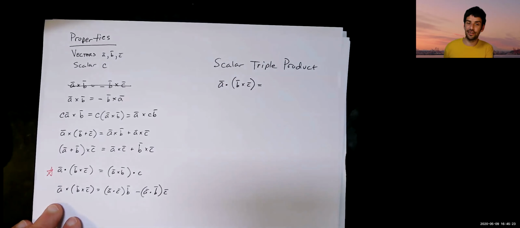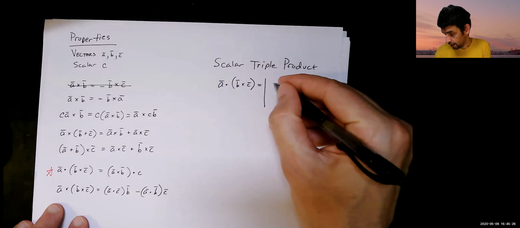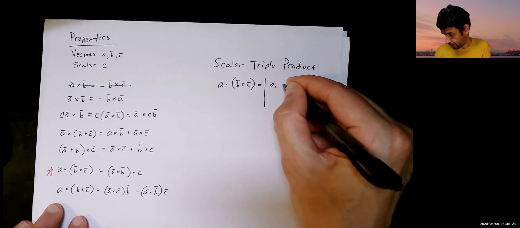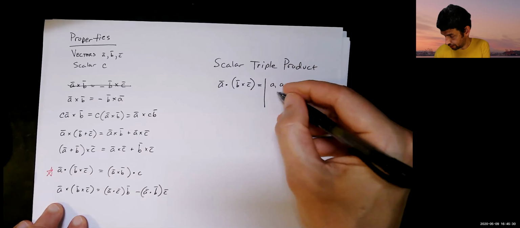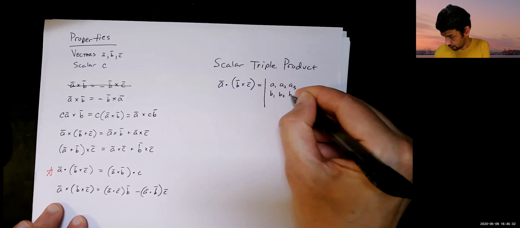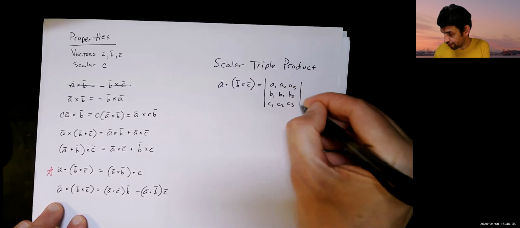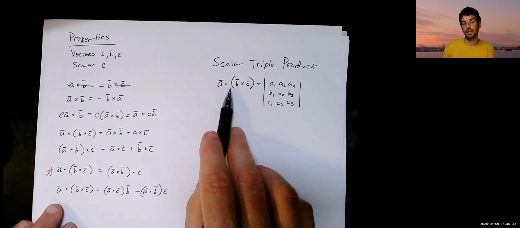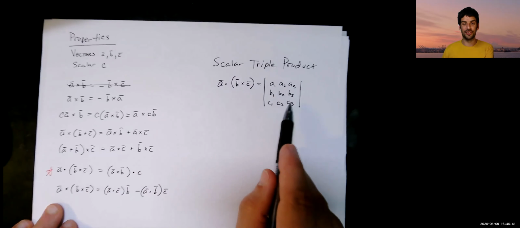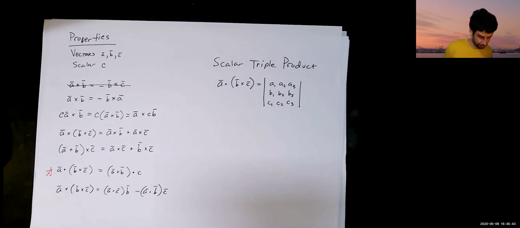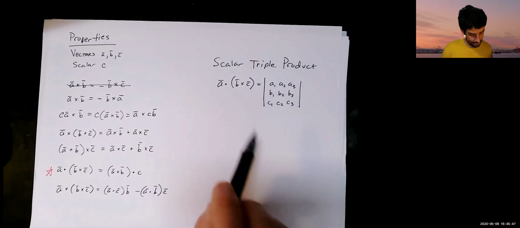If you've seen any linear algebra, if you have a matrix made up of the components, C1, C2, C3, of these three vectors, this thing here is the determinant of those three vectors. Okay.